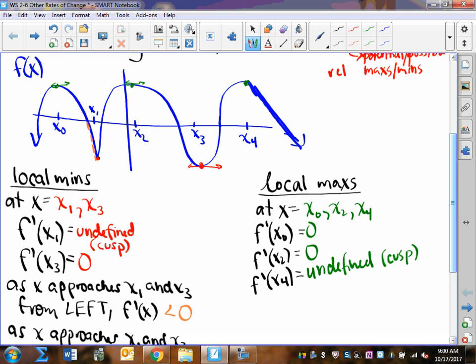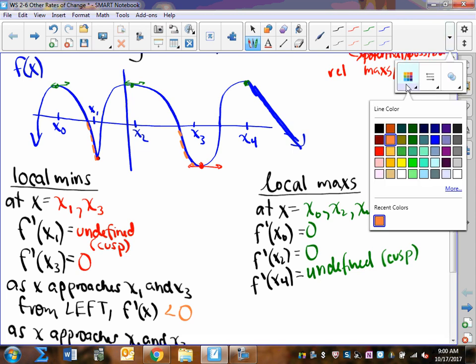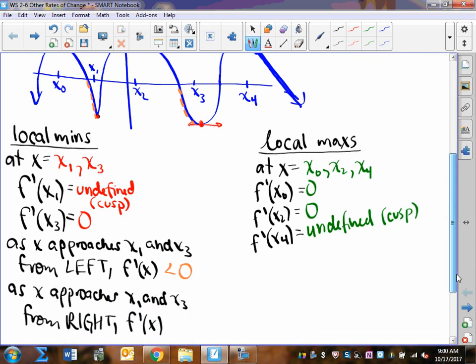So let's check that on our other min. If I look at my little tangent lines, would you agree my derivative is still negative? So let's see if this changes from the right side. As I come from the right side, all my little tangents, all my slopes are what? Positive.